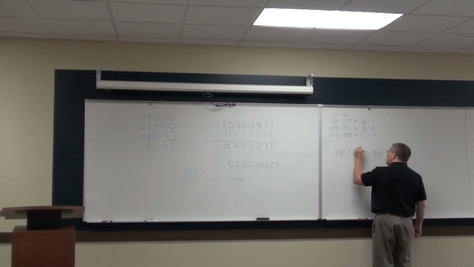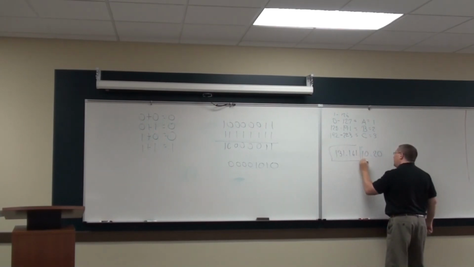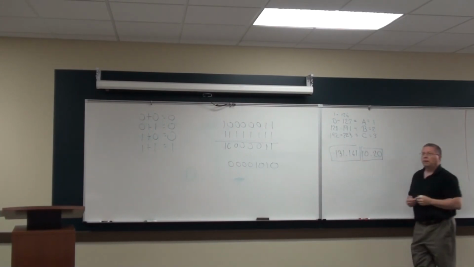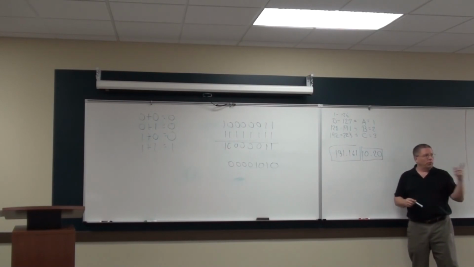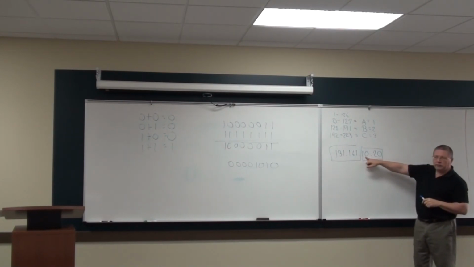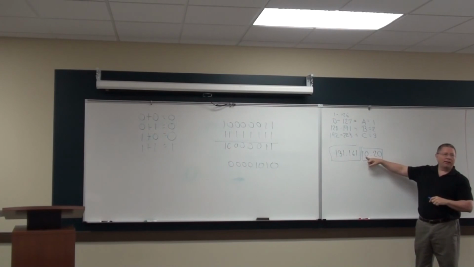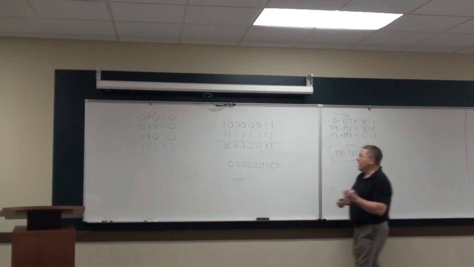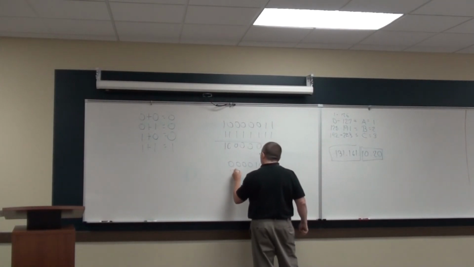And what that means is this identifies the network and this identifies the host. So when I pass this IP address to a router, I don't want him to look at this octet. It's not important to him. Okay? It's not associated with the network ID. So I want to mask this number off in a way that makes it invisible. I'm going to do that by ANDing it with all 0s.